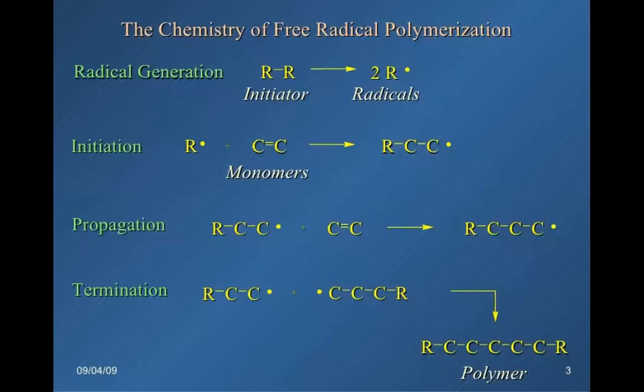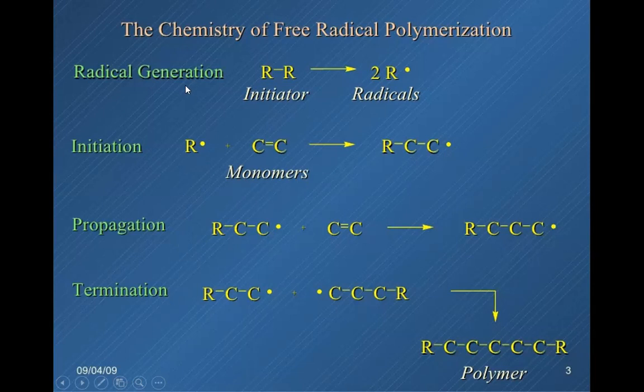Coming to free radical polymerization, a free radical means an odd electron, or an unpaired electron. Free radical polymerization again involves three steps: the initiation step, the propagation step, and the termination step.